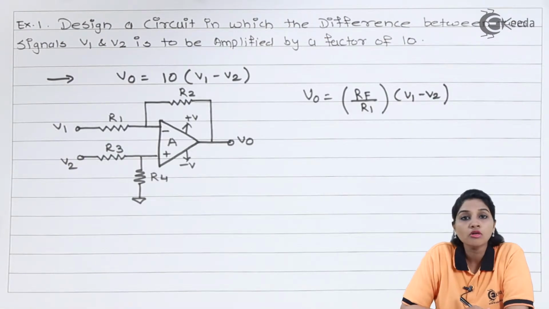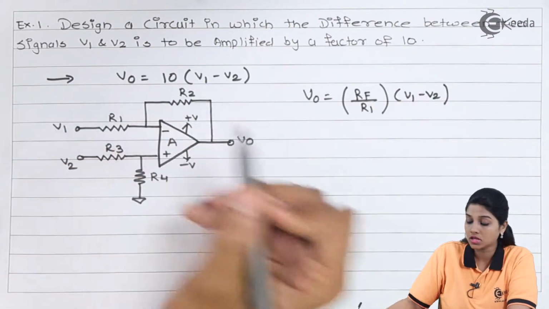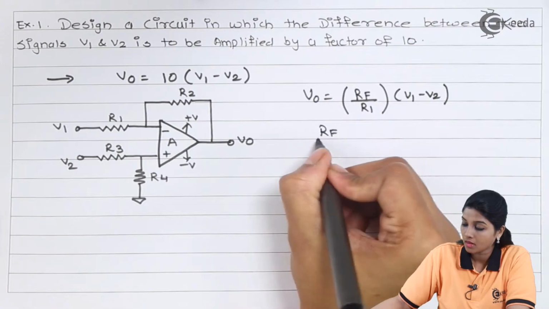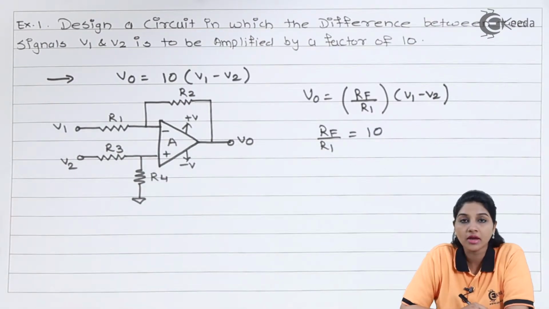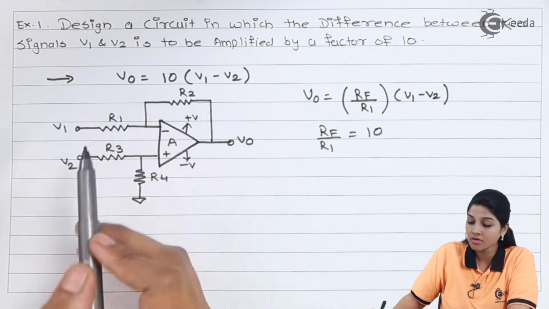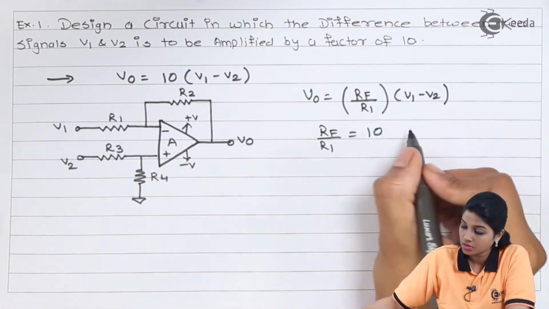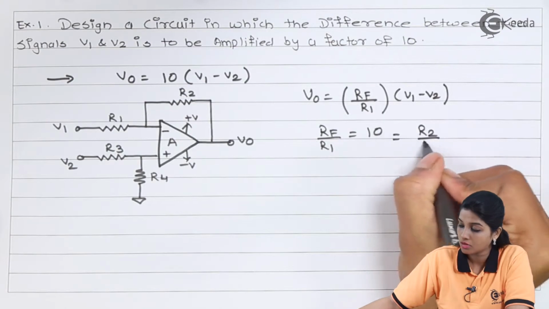Now here value of RF by R1 is given as 10. So we can write RF by R1 is equals to 10. In the circuit diagram we are using R2 as RF and R1 as R1.